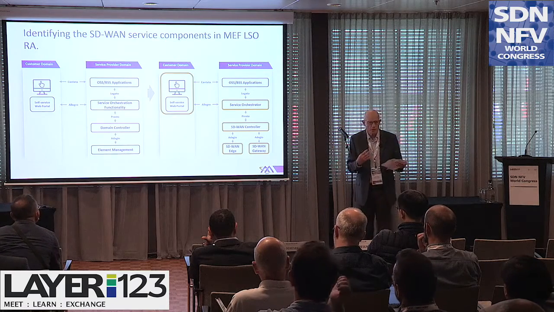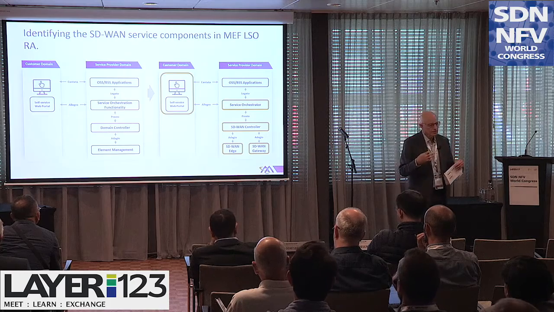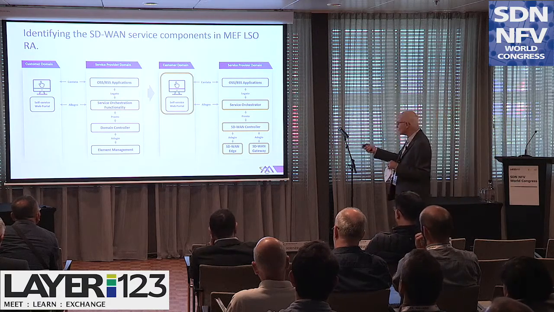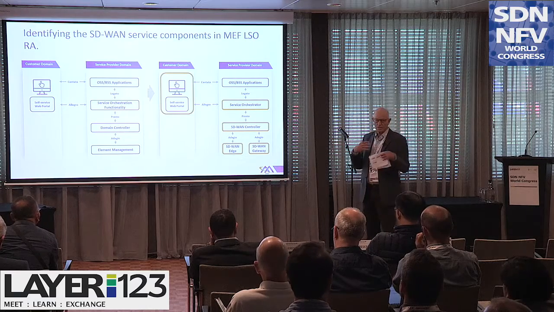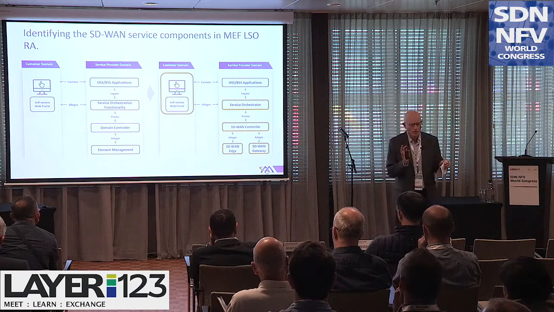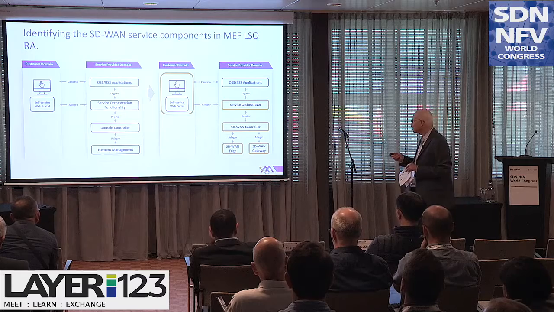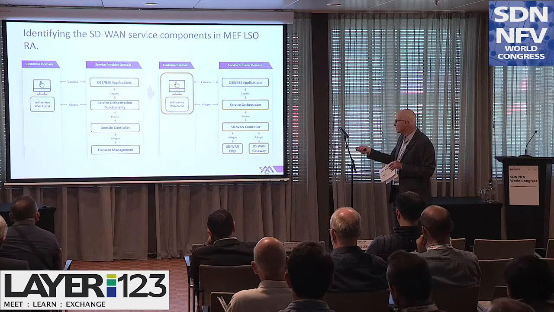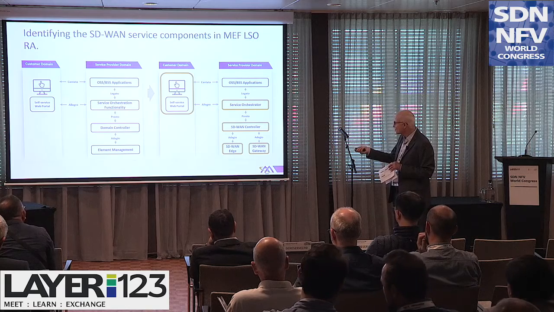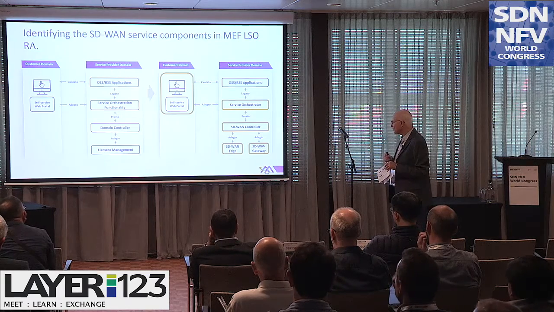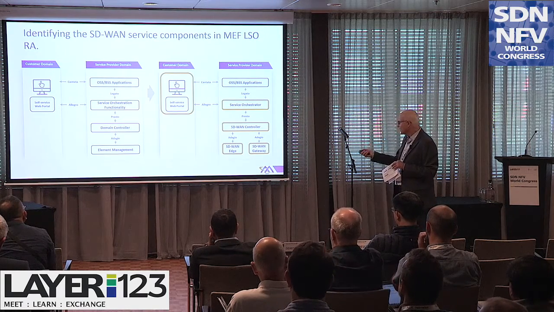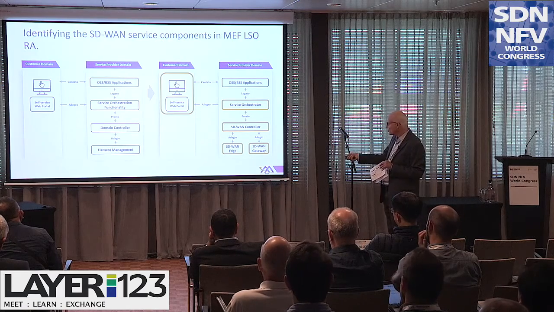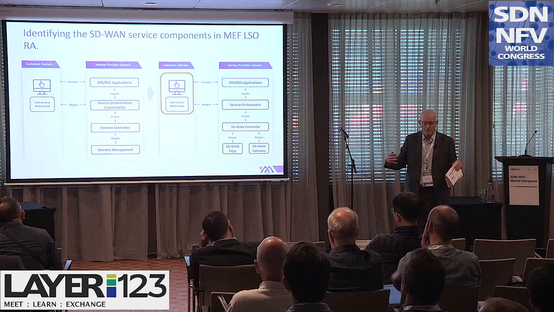And so it is responsible to break the service into components and request from each of the domain controllers to take responsibility for its part of the service. The Presto interface is the interface that allows requesting the actual resources from the domain controller. And the Adagio interface is the interface between the domain controller and the network elements in the network.